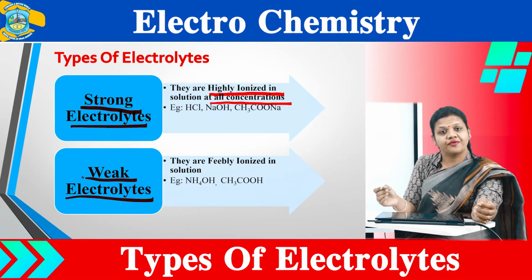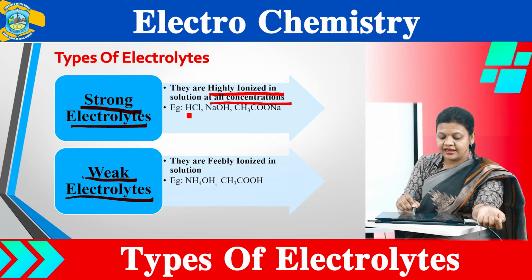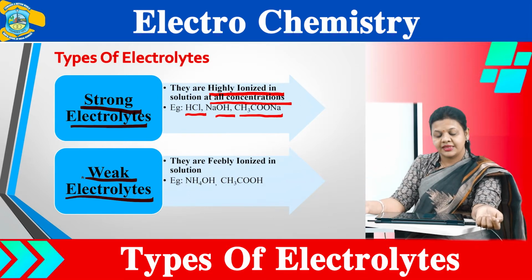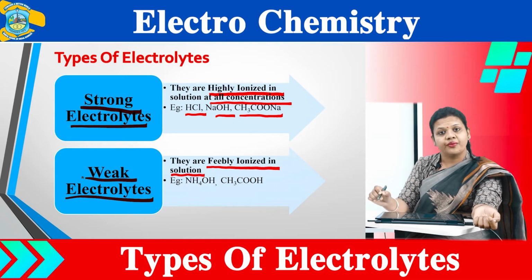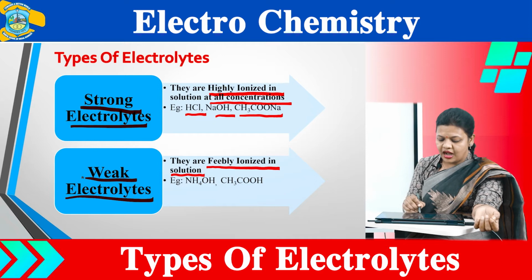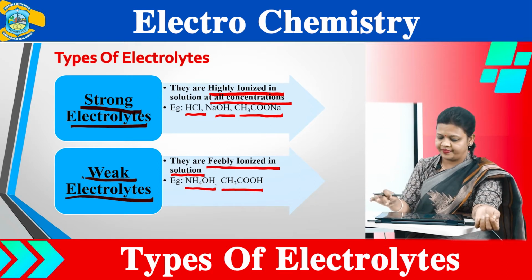The examples of which are HCl, NaOH, CH3COONa, H2SO4, HNO3 and so on. Similarly, weak electrolytes are substances that are feebly ionized in solution, or we may say they are very less ionized in solution. Examples: ammonium hydroxide, acetic acid, etc.